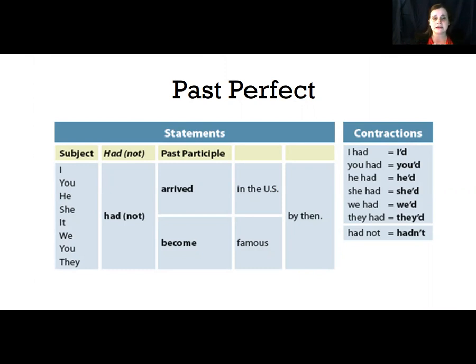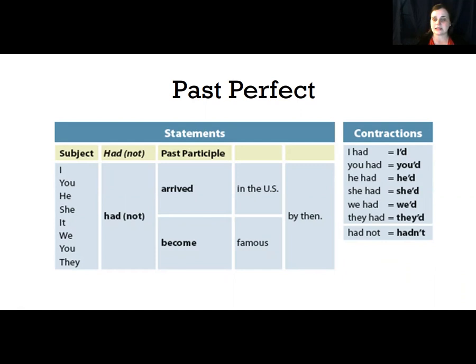But basically, okay, the structure of past perfect is subject plus had, had not, plus past participle, then the rest of your sentence. So I had arrived in the US by then. All right, over here they show you the contractions, which I think is great information to have. This is definitely what we would use in spoken English more.